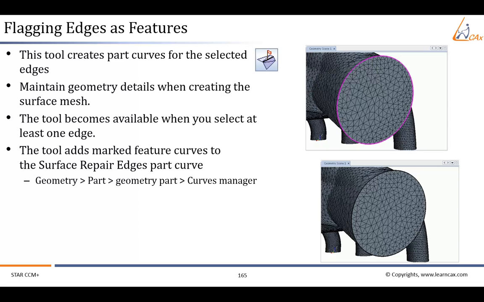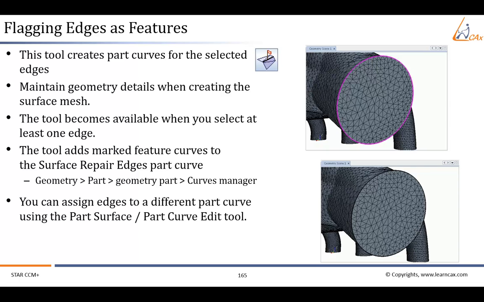The tool adds marked feature curves to the surface repair edges part curve, which is located in the simulation tree under the Geometry, Part, Geometry Part, Curves Manager. You can assign edges to a different part curve using the Part Surface, Part Curve Edit tool.